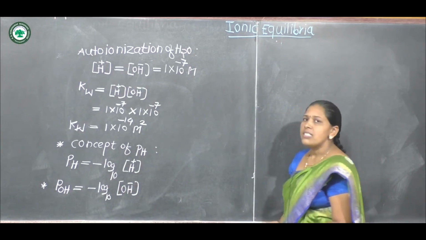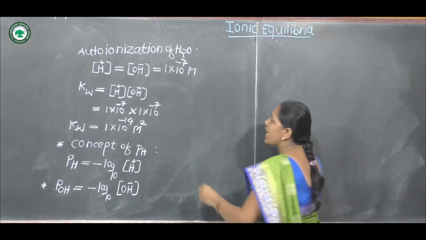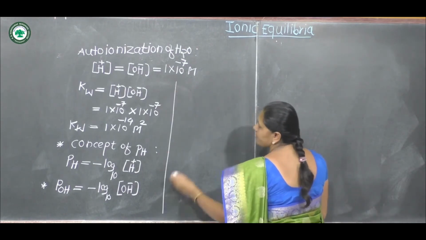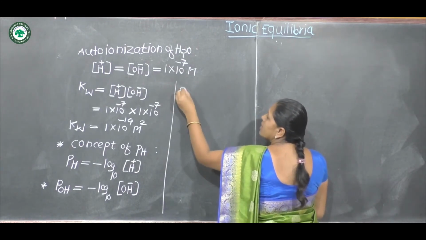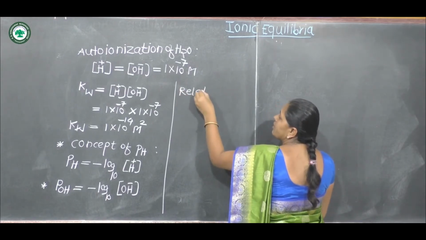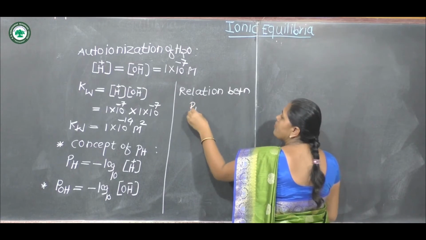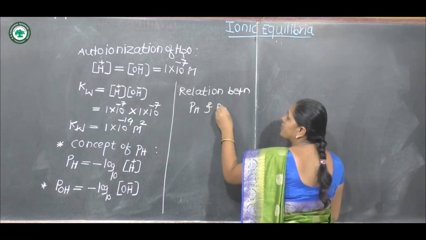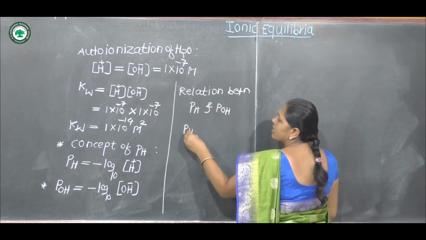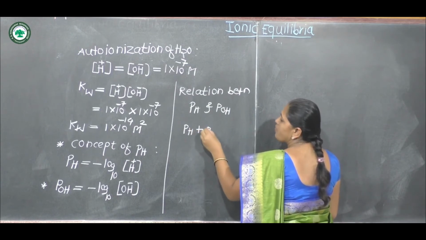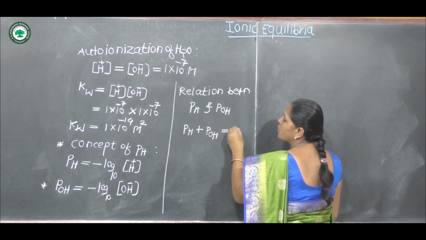Then what is the relation between pH and pOH? The relation is pH plus pOH is equal to 14.